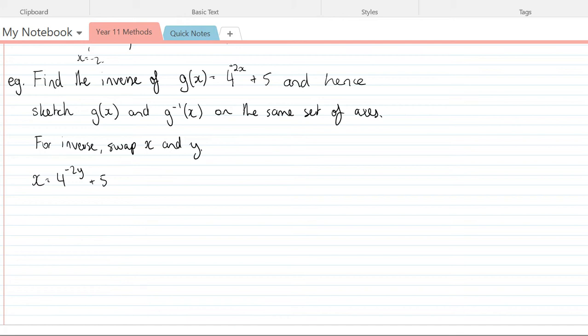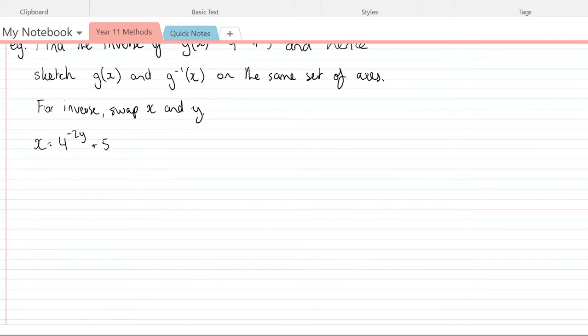So I need to rearrange this to get y by itself now. So I'm going to take away 5. I'm going to take log base 4 of both sides. And then I'm going to divide everything by negative 2.